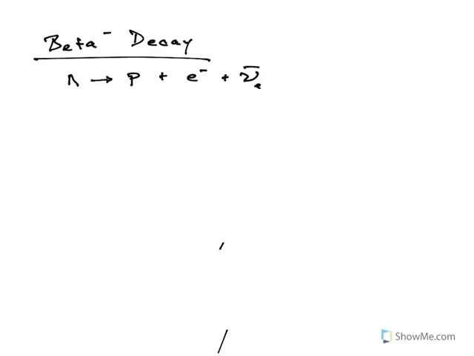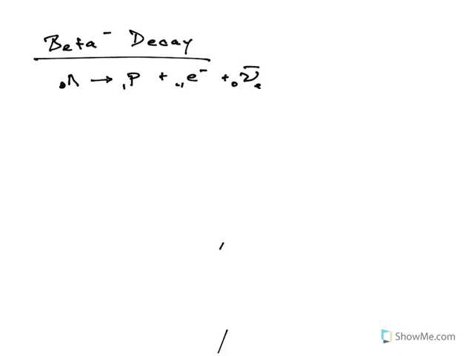Okay. Let's make sure from the nuclear physics level that this reaction is possible. You have a neutron, neutral, so no charge. Proton is positively charged, electron is negatively charged, and the neutrino has no charge. So at least by conservation of charge, this is perfectly possible.